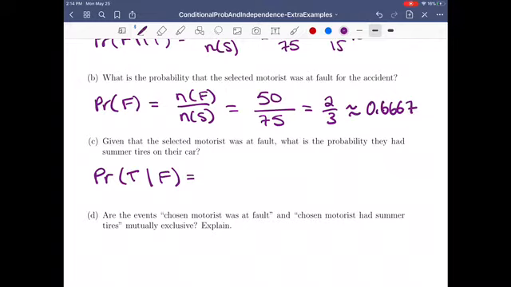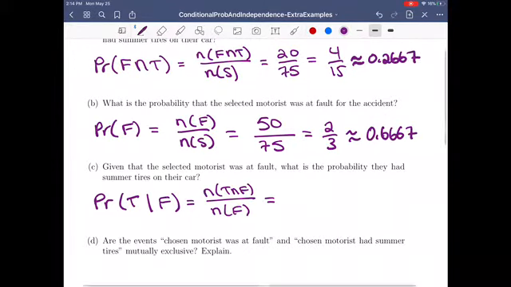This is the number in the intersection divided by the number that were at fault. The number in the intersection was 20, and there were 50 people at fault. So this is 20 divided by 50, or 2 divided by 5, which is 0.4.